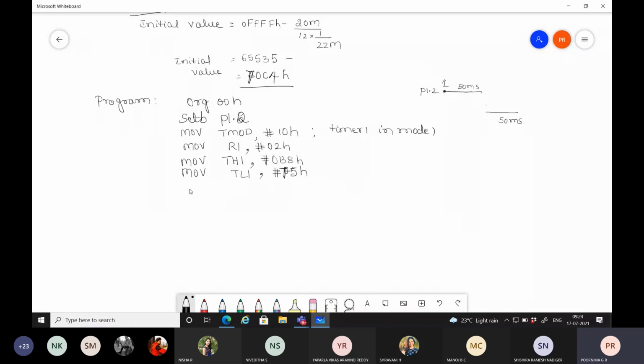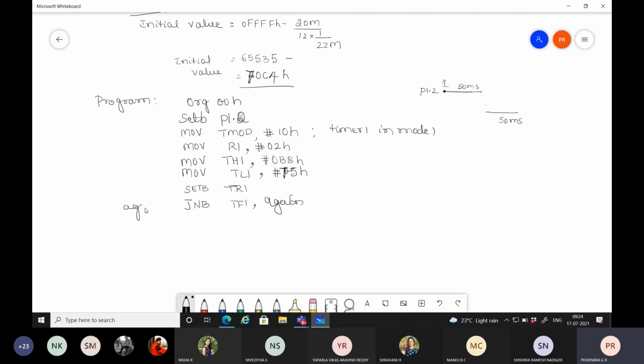So start the timer. SETB TR1. Start the timer and then keep monitoring the overflow flag. When monitoring, JNB, which flag is related to timer 1? It is TF1, comma, again to the same instruction.